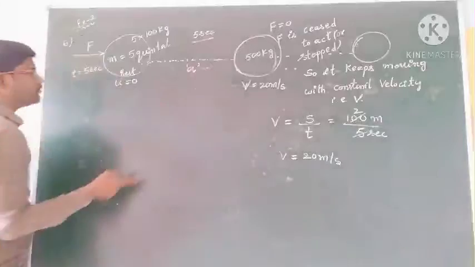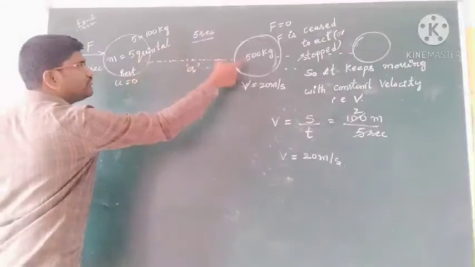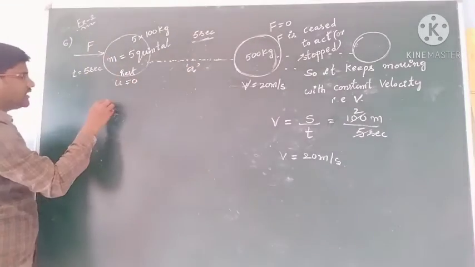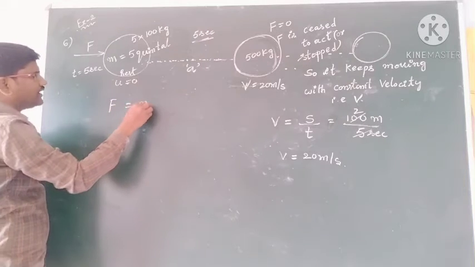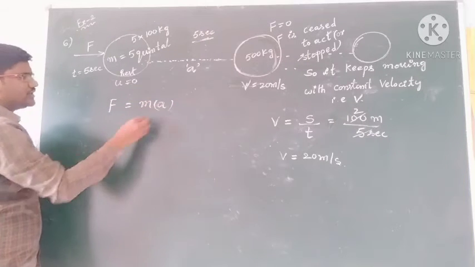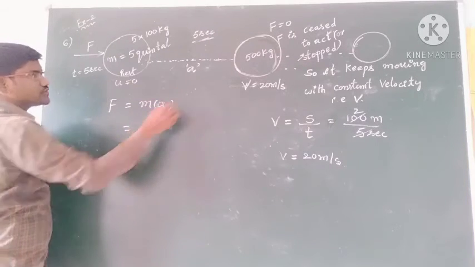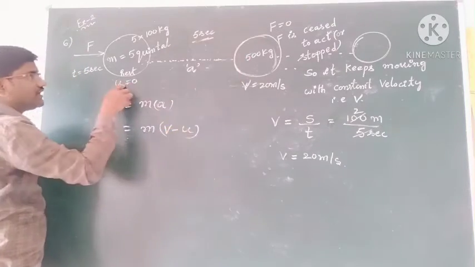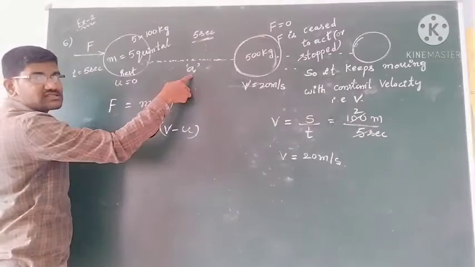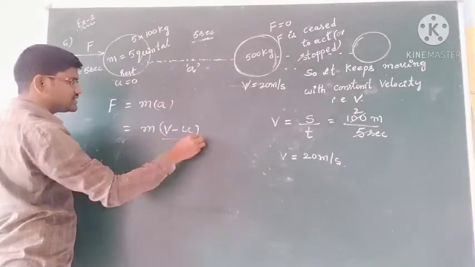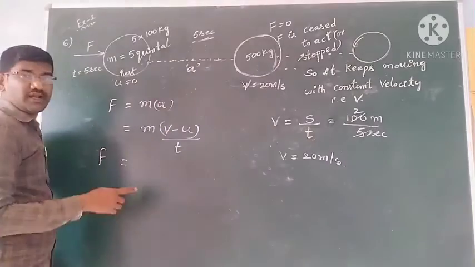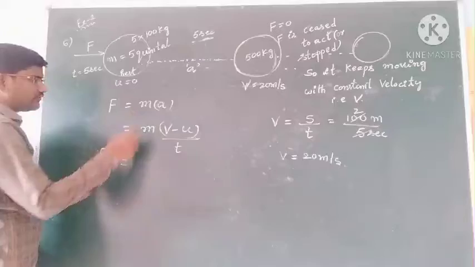Then find the force, they are asking. You have acceleration only for this interval of time. In 5 seconds only force is acting. Then I write F is equal to m into a. To find this a, I know the final velocity v and I know the initial velocity. In this interval only we have acceleration. The time is 5 seconds. Then find the magnitude of force, they are asking.